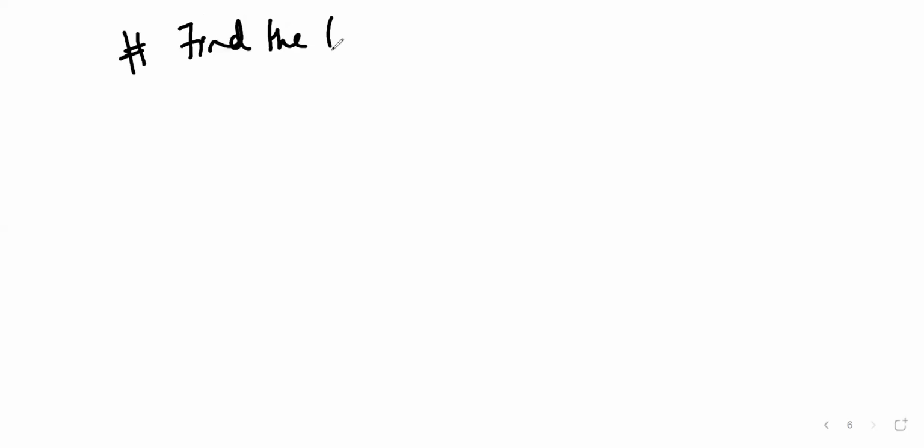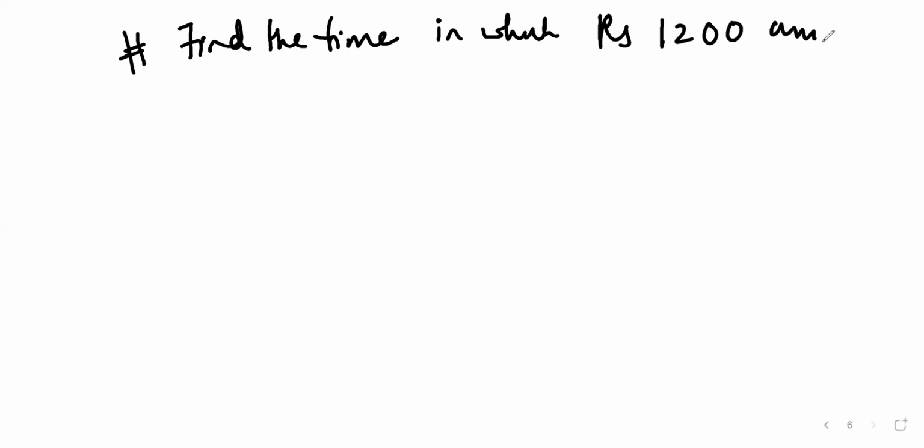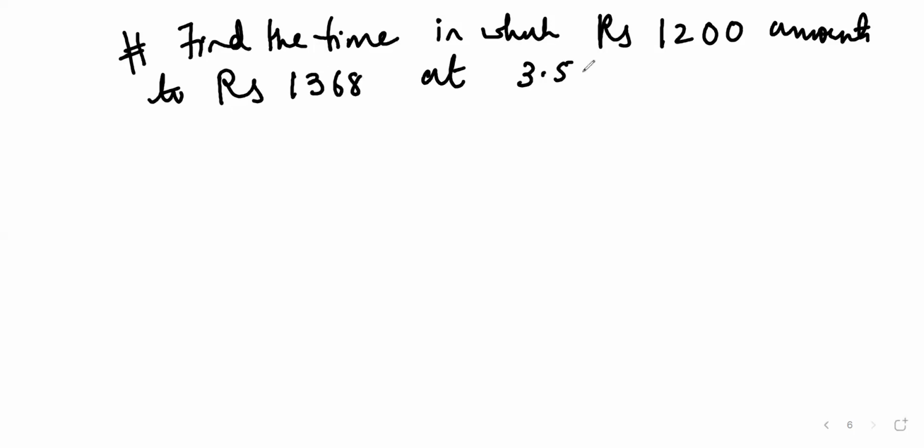Find the time. See, we have to go with the basic formula itself, and then we have to see what is unknown. So find the time in which rupees 1,200 amounts to rupees 1,368 at 3.5% per annum.